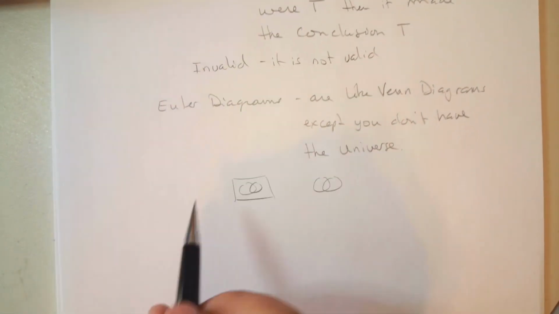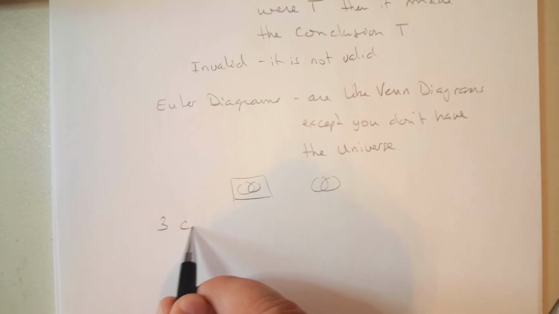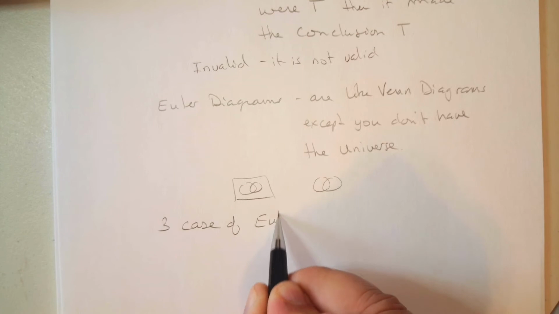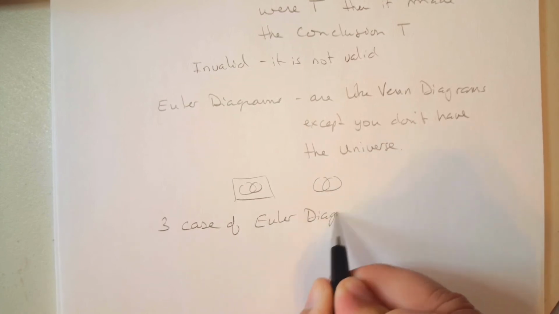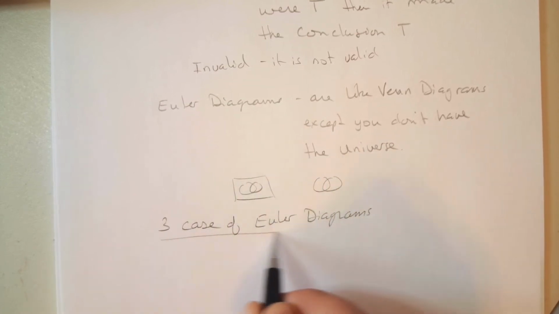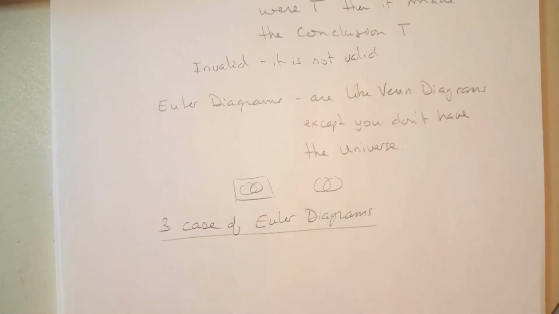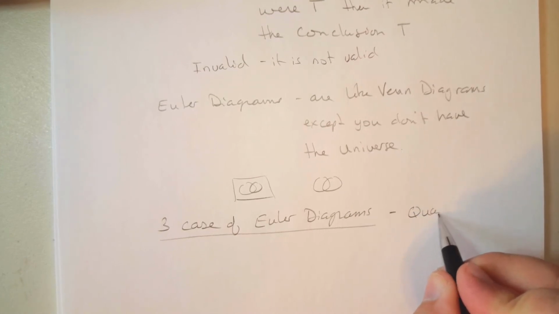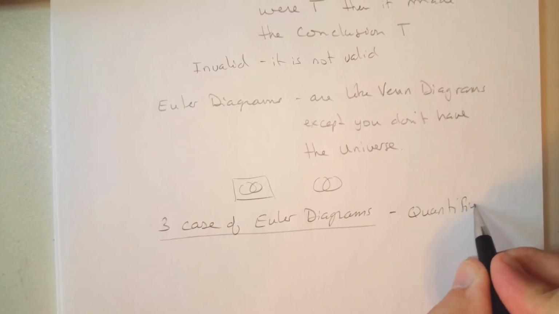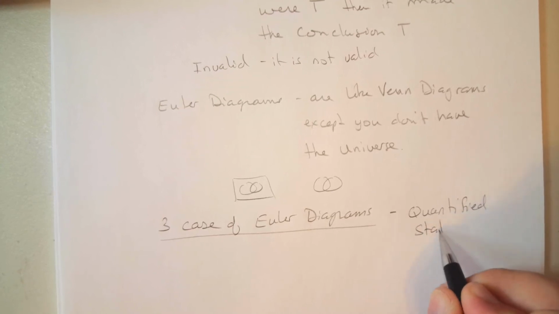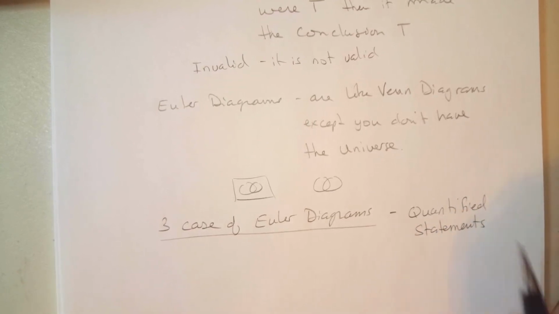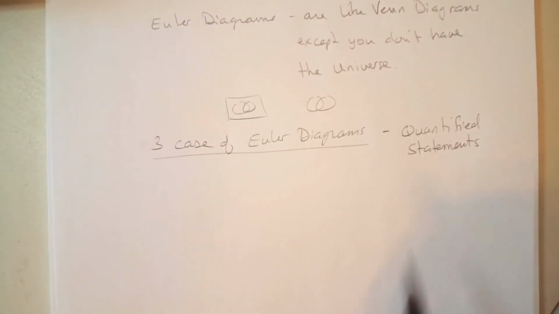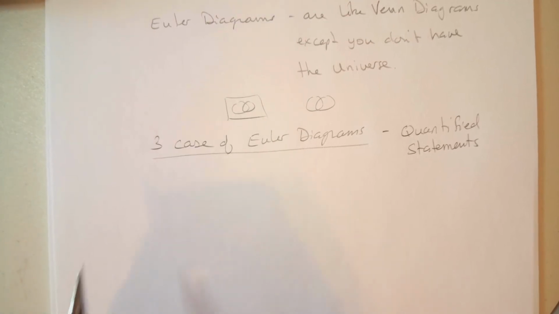There are three predominant cases of Euler diagrams. And these deal with quantifiers. So Euler diagrams work only if you have quantified statements.